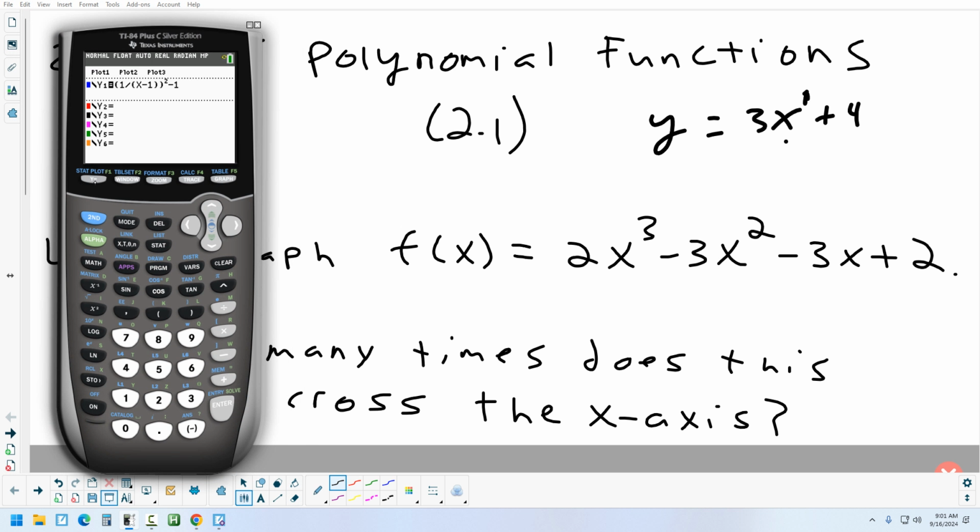So we type in 2x, and once you type in the exponent of 3, remember you have to press the right arrow or you're going to keep typing in the exponent. Then -3x squared minus 3x plus 2. We're going to type that in, and then do zoom 6 and see what it looks like. If that's not a good window, then we'll adjust it.